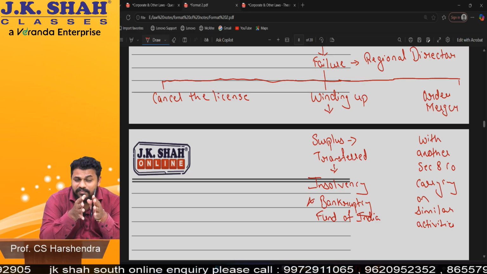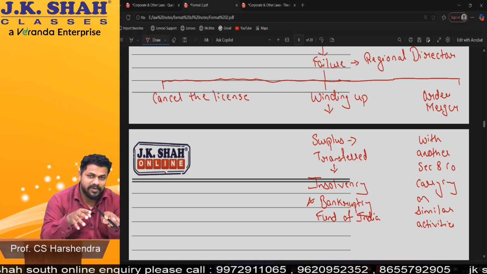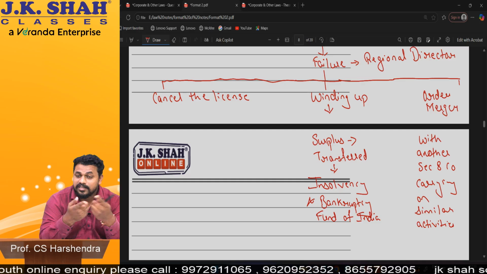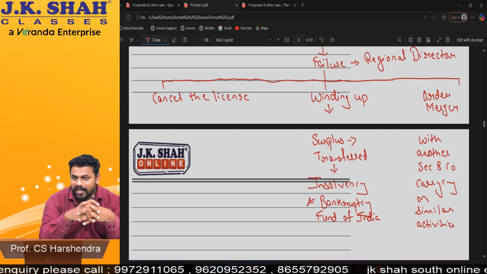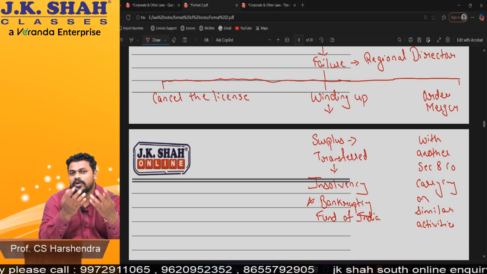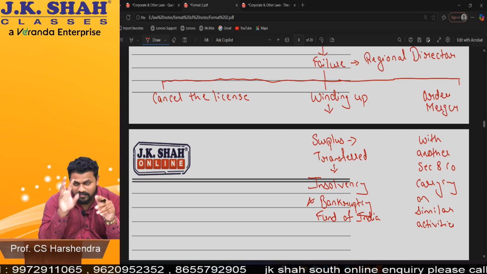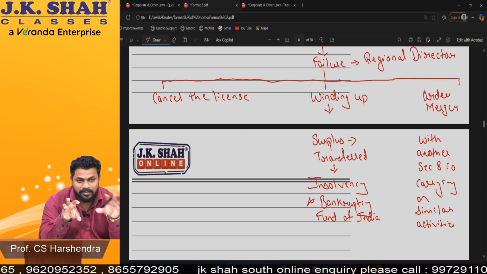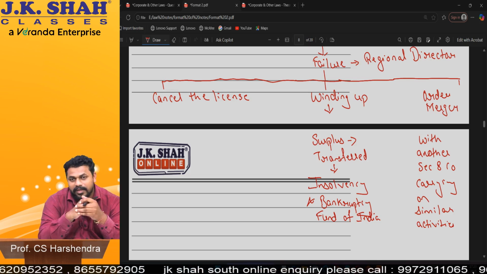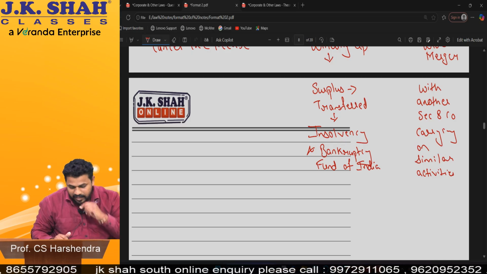So there are differences in legal definition and there are differences in accounting treatment also. You will understand that properly when you study mergers and amalgamation in final CA. If I try to tell you now, you will not understand because AS and all is still not done. But legally, merger is for fusion of control. Amalgamation is for assets. Am I clear with this?